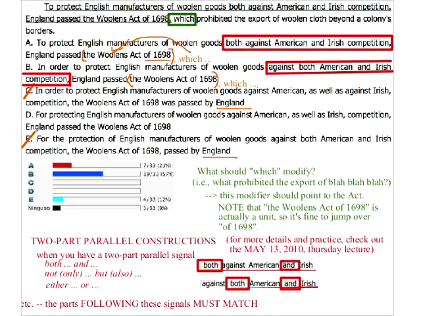All right. So if you look at both against American and Irish, this doesn't work because against American is after both, and Irish is after and. So this is incorrect. On the other hand, if you say both American and Irish, then that is correct because it's both nationality and other nationality.